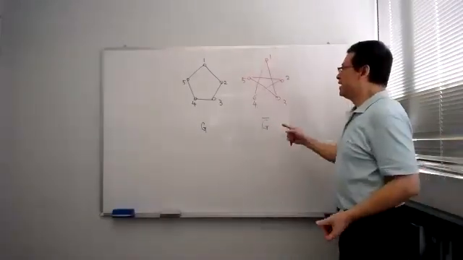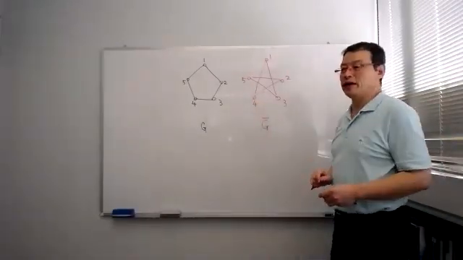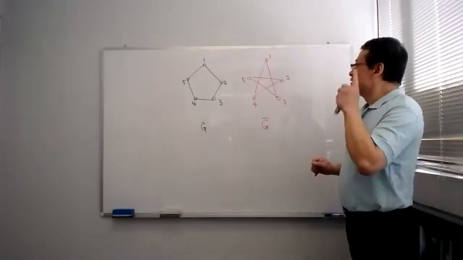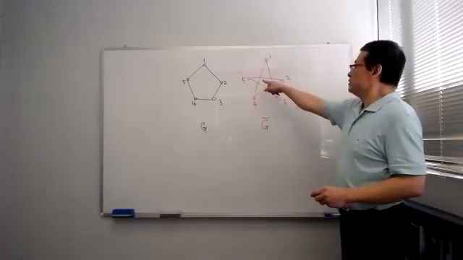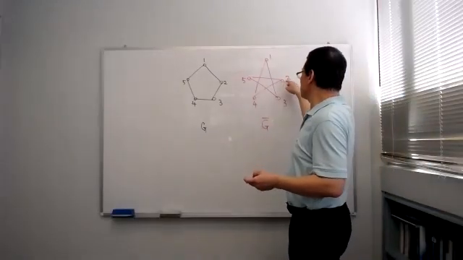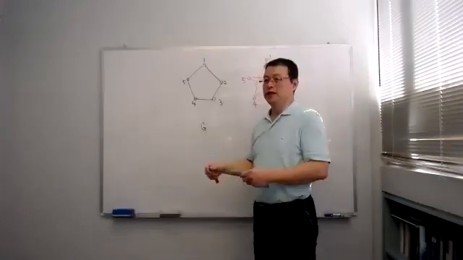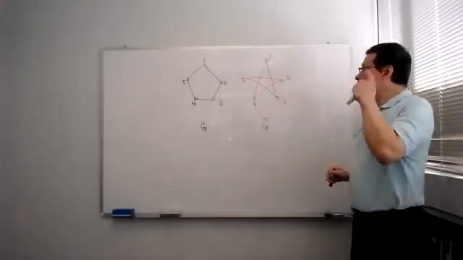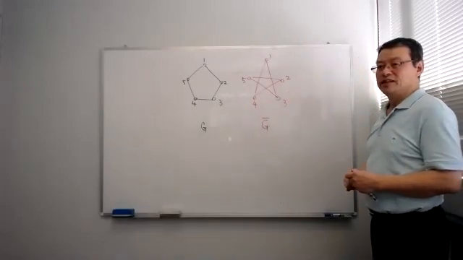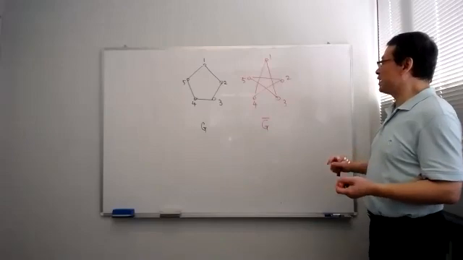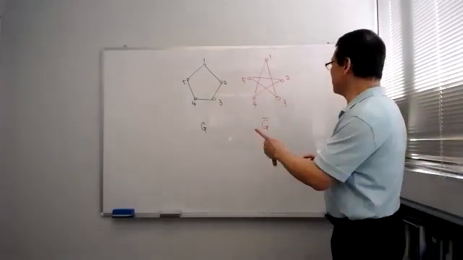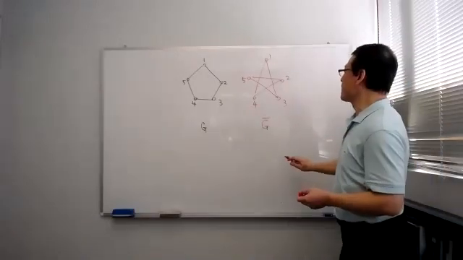The question is, are these two the same graph or different graphs? Of course they're different in the drawing, because of the labels: 5 is adjacent to 2 and 3 here, while here it is adjacent to 1 and 4. But in terms of structure, are they the same? What do we mean by the same? If I draw it this way, it looks different from that one.